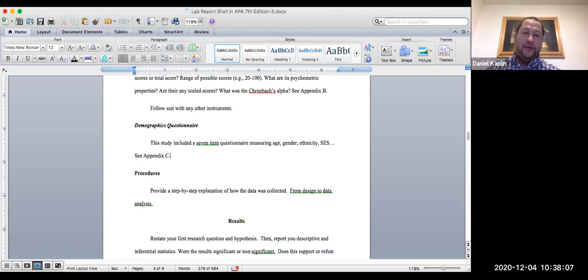Then, if you're using research credits, where people have to get research credits, you would say participants were granted research credit for volunteering to be part of the study. No other incentives were involved. Then, after data collection, the results were exported to SPSS and analyzed using SPSS version 25.0.